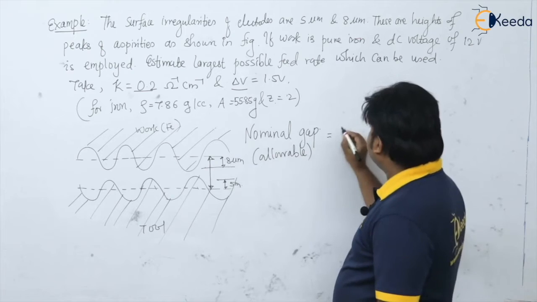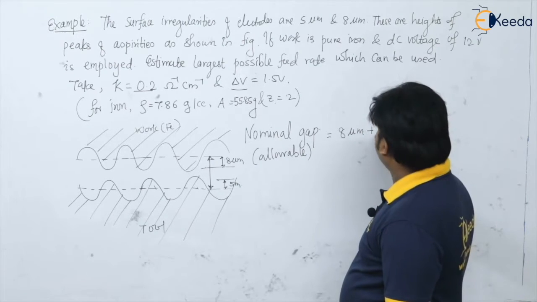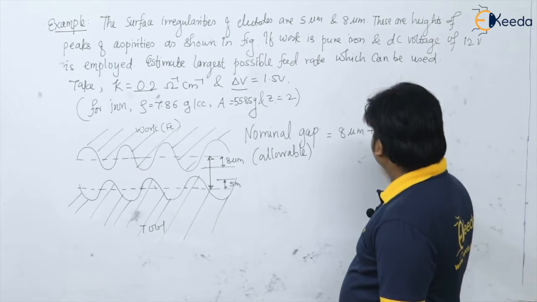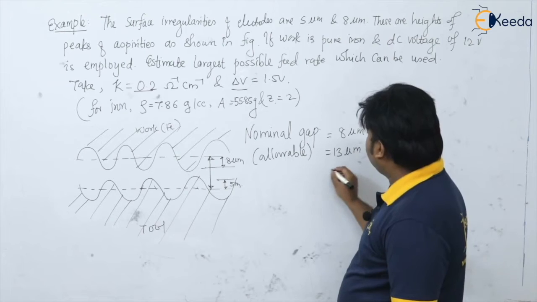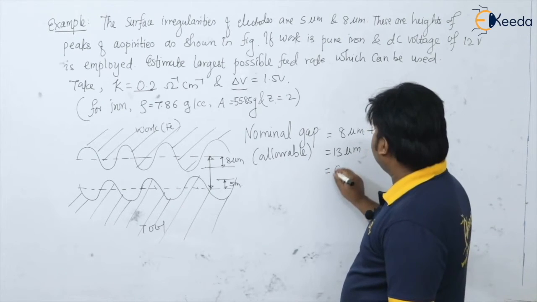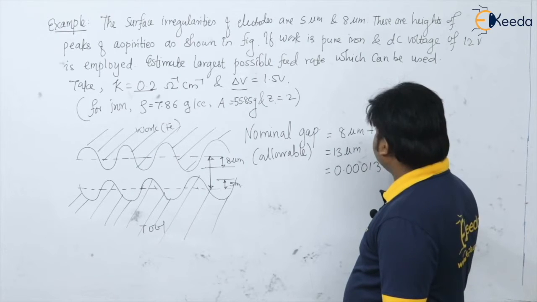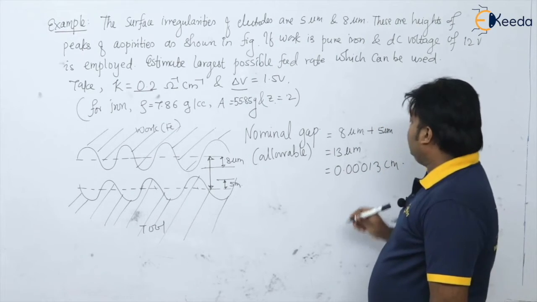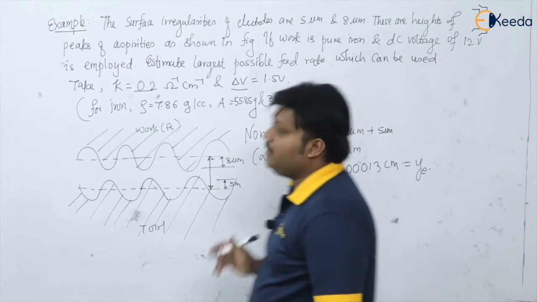The summation of this, that is 8 micron plus 5 micron, so that is 13 micron. Converted into centimeter, it will be 0.00013 centimeter. Very simple, and that will be our equilibrium gap.